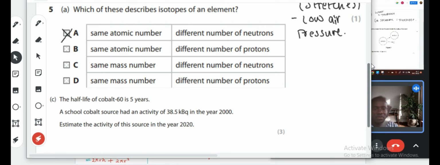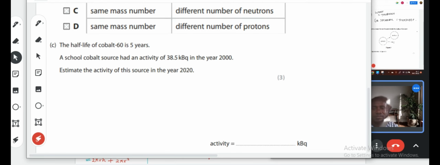Could you write it down so that you remember? You can just write it down in this space. We do the workings here. Half-life: the time taken for the activity to become half of its initial value.